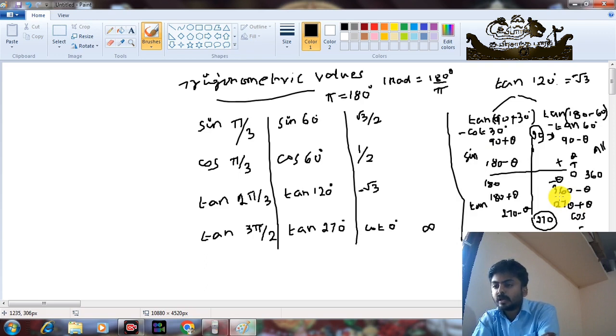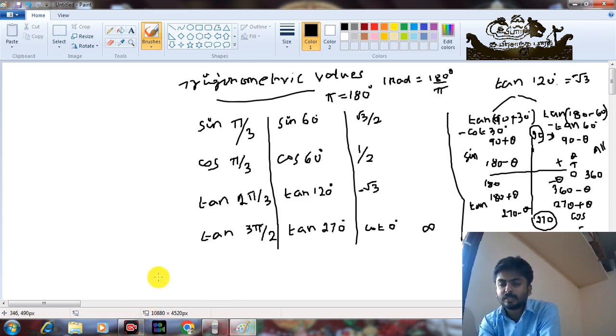So here I am writing tan 270 plus 0. 270 will make tan into cot, so it is cot of 0 with a minus sign, that is minus cot 0. So cot 0 is infinity. Okay, that we have to remember.